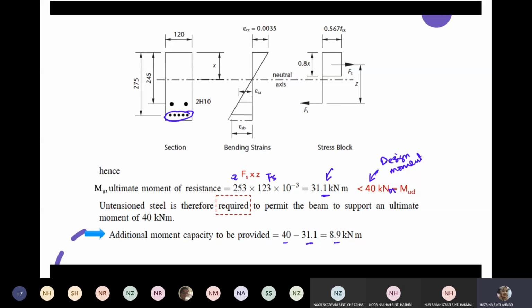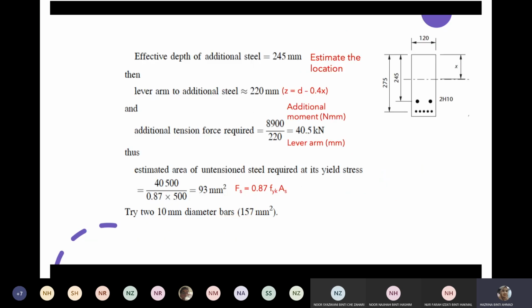The untensioned reinforcement is to cater for this additional moment. To calculate this, first we have to estimate the location of the reinforcement that we want to provide.